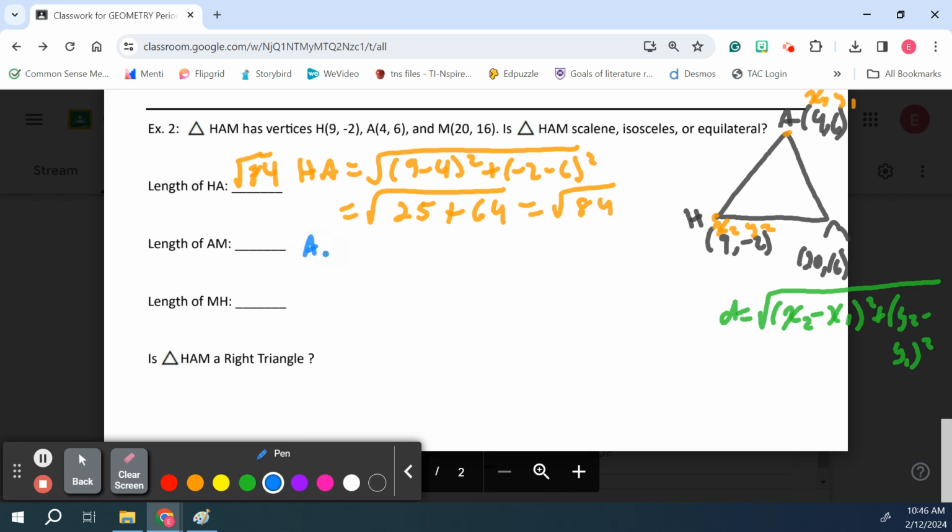AM, I'm going to be doing the same thing. Here's A, here's M. In my notes, I defined this as point 2. So this is x2, y2, and this is x1, y1.